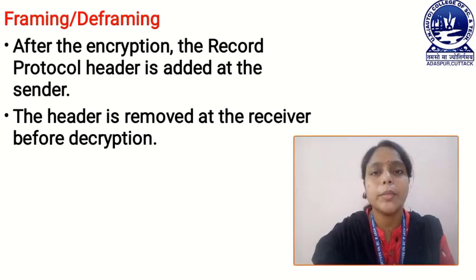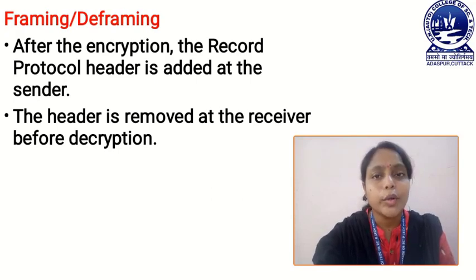This is all about the change cipher spec protocol, alert protocol and the record protocol. Here you must remember that the change cipher spec protocol basically performs its function by using two states, one is the pending state, another one is the active state.